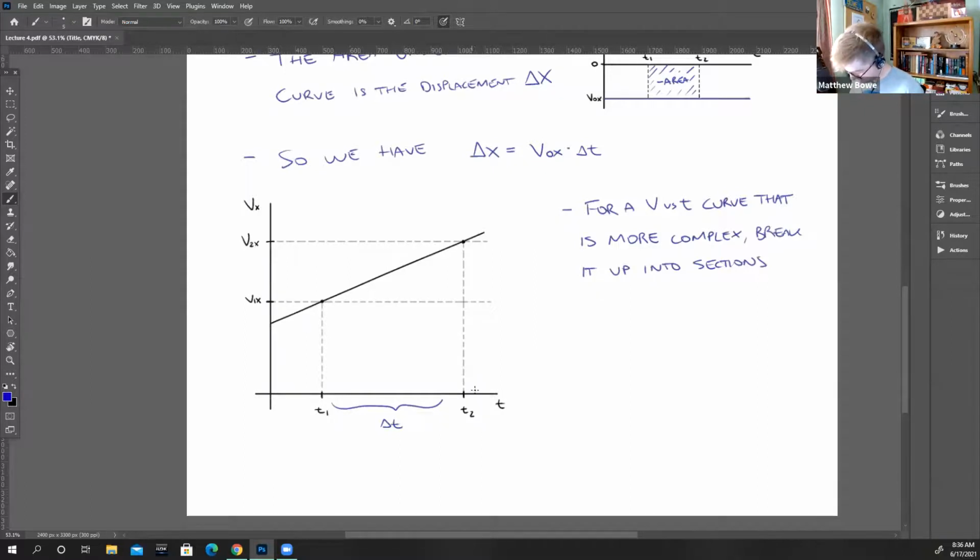Now we need to know the height. Well, the height is up here, right to the top here. That is just V1x. And what is this little sliver right here? What is the height of that? Well, that's the amount of velocity it changes over the amount of time.